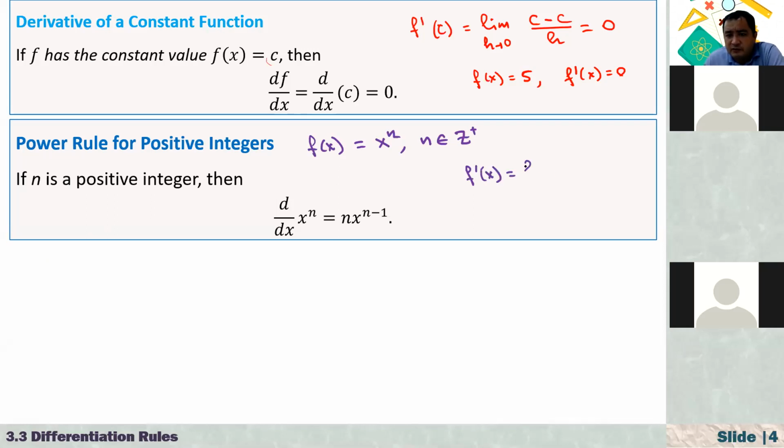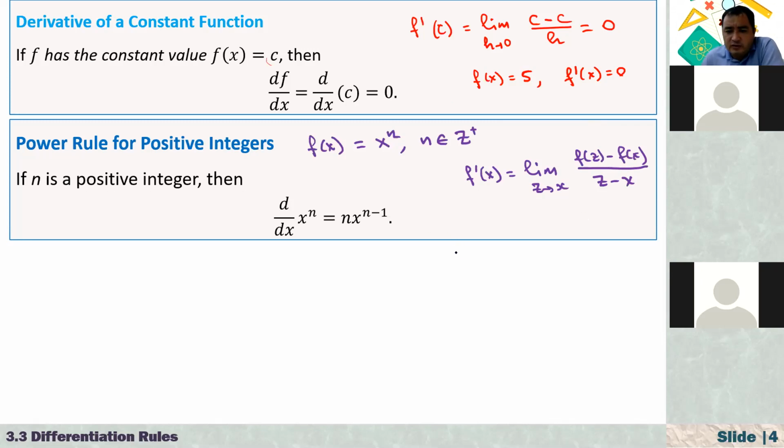If you remember, we have an alternative form: the limit as z approaches x of f of z minus f of x over z minus x, right? And it also gives us the derivative of the function at x.